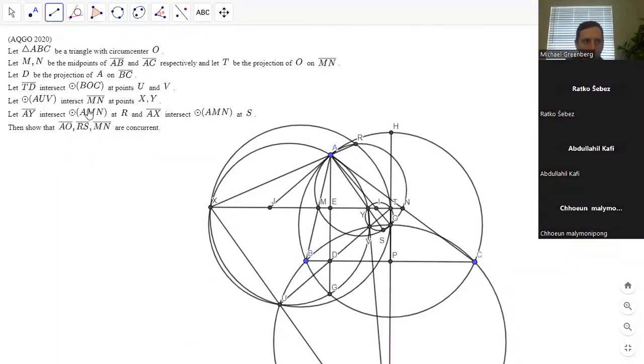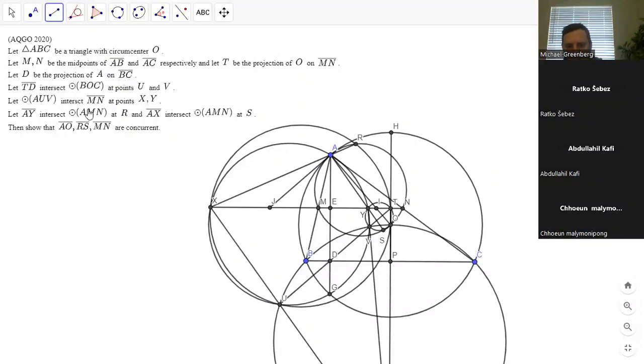Okay, so that projection takes R to X and S to Y. So we will need an involution which swaps X and Y, M and N, since M and N stay the same, and I and J, since A goes to J and O goes to I. Okay.